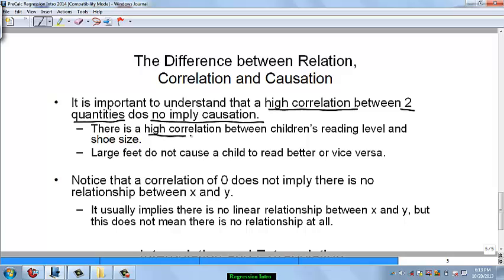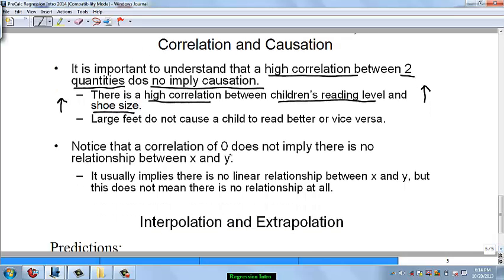There's a high correlation between children's reading level and the shoe size. So basically this is saying if the children's reading level is going up as their shoe size goes up, which, okay, that makes sense. But does that mean if someone has large feet that they can read better than someone else? Well, no. Or it can mean that the child is growing. Large feet does not cause a child to read better, or vice versa.